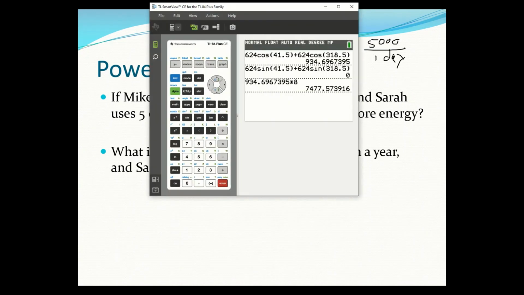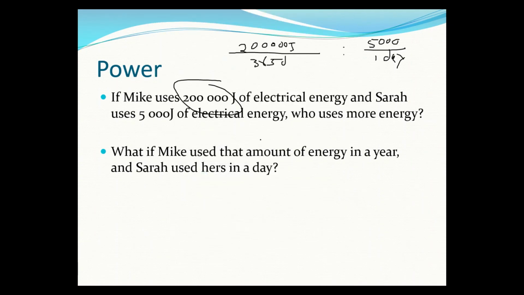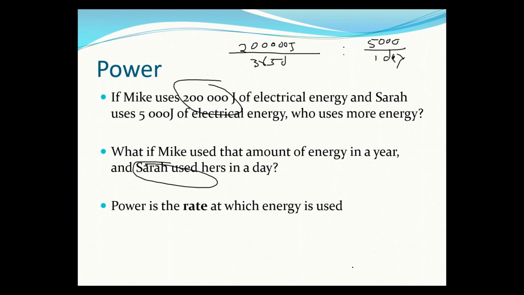So if we take 200,000 and divide it by 365, we end up getting that Mike only uses that much per day. So if we compare in terms of time, Sarah actually uses way more energy than Mike, right? So that's why when you get your power bill, it's in power and not just the amount of energy used, because you need time.